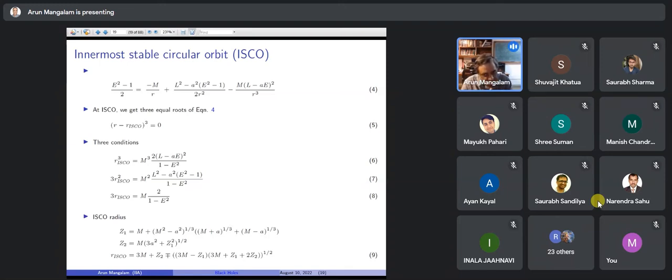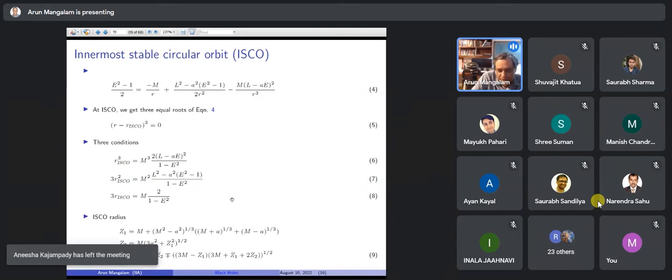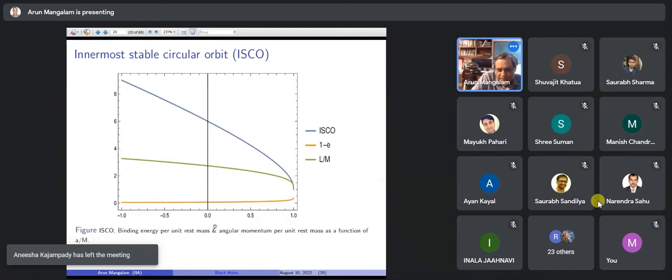And there is a point at which this stable circular orbit occupies the innermost radius, and that is of significance for dynamics around black holes. And the reason it's significant is that beyond the stable circular orbit, the particles will fall in. So that involves a certain amount of algebra, which is given here.